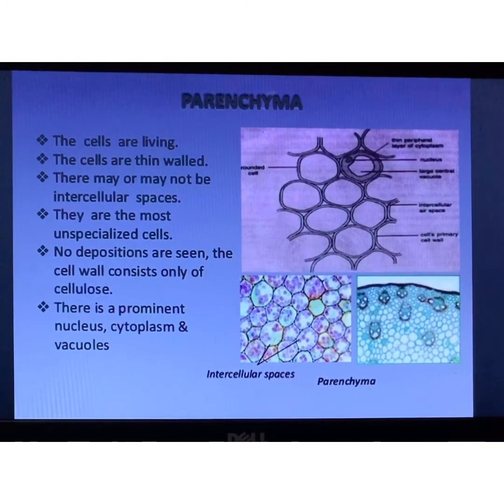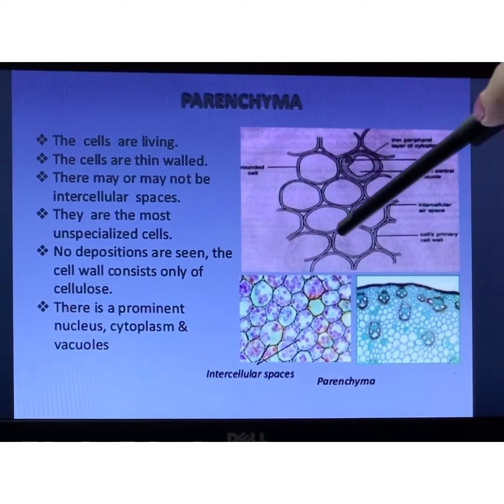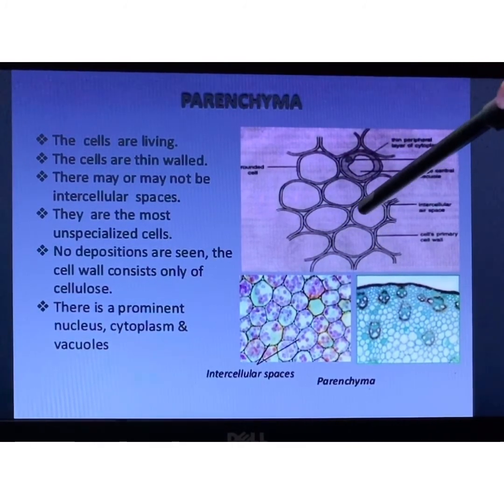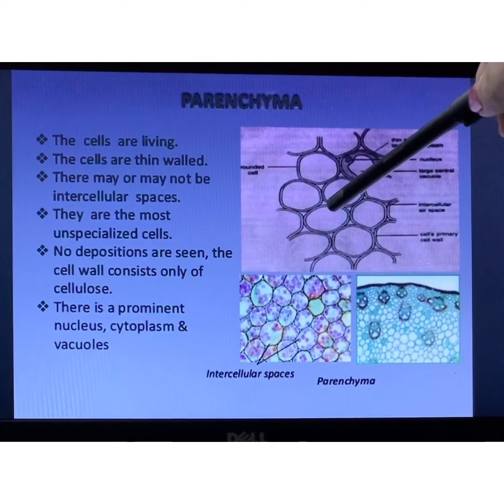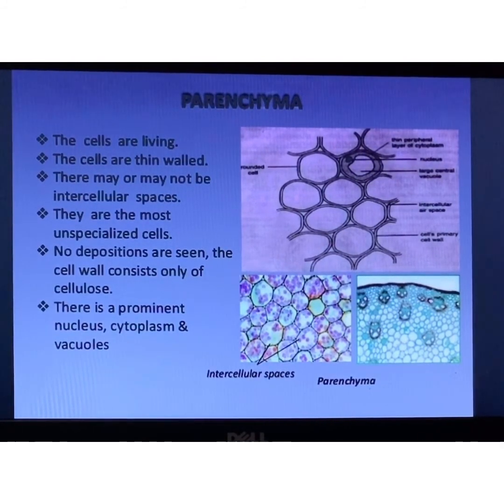Now these cells are living, and they are thin walled. As you can see here in the image, the walls are thin and there are very slight intercellular spaces, almost closely packed. There may or may not be intercellular spaces, and these are the most unspecialized cells.